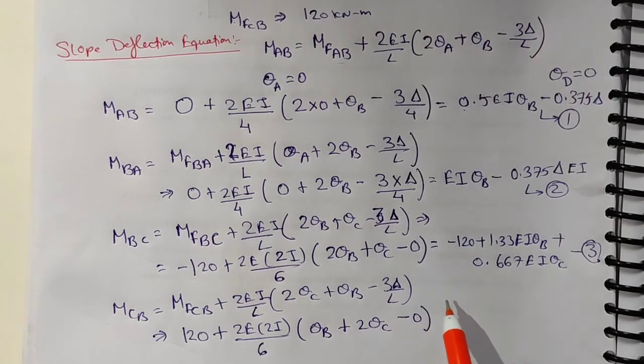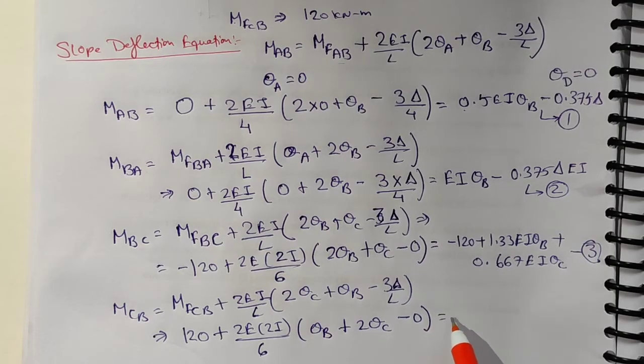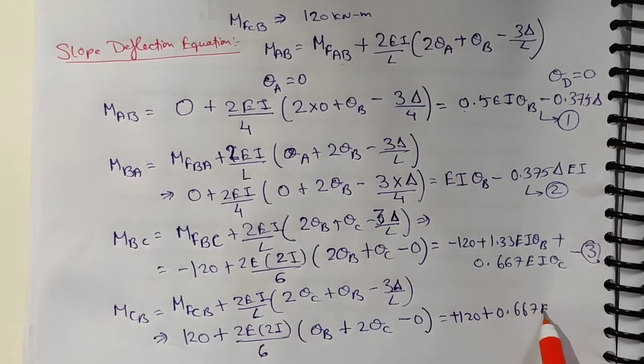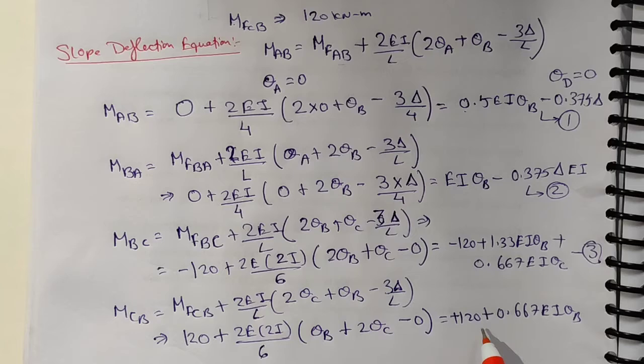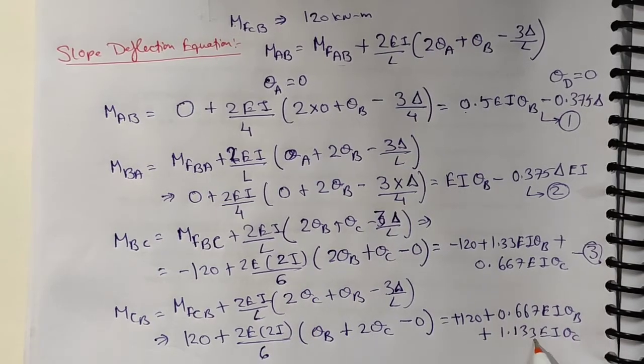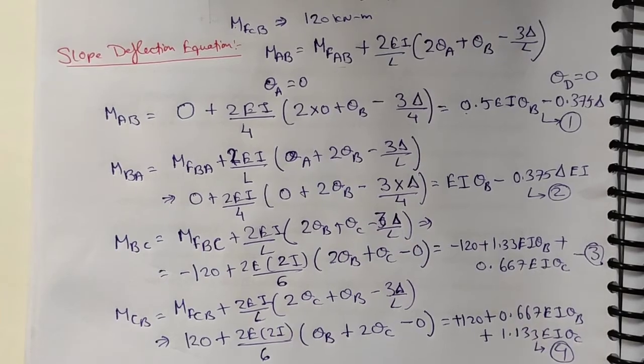That is the value of del again here is taken as 0. After solving, I will get the value as positive 120 plus 0.667 EI theta B plus 1.133 EI theta C. Now I label it as equation number 4.